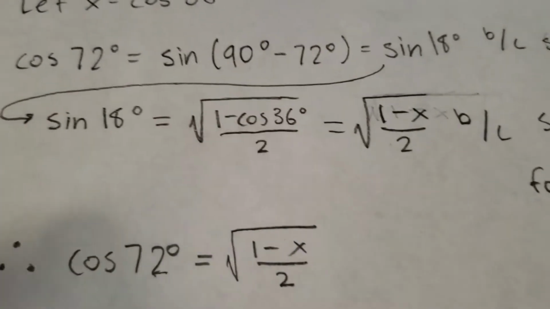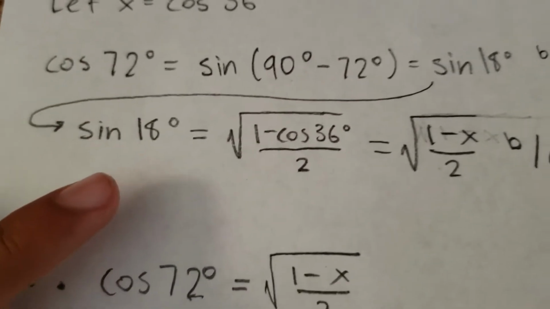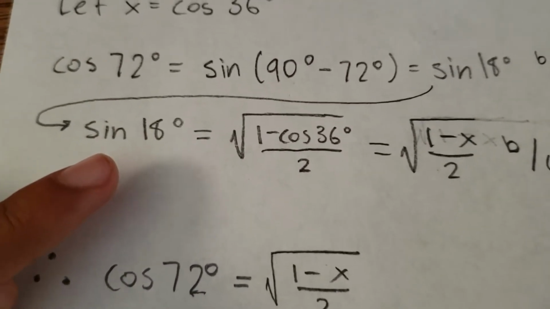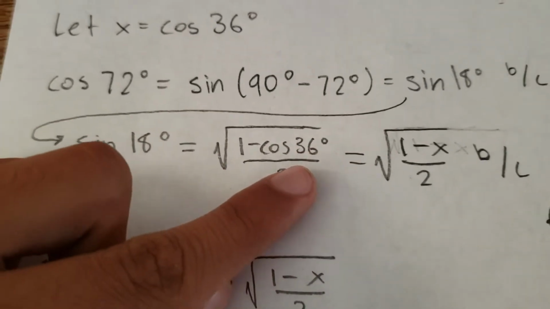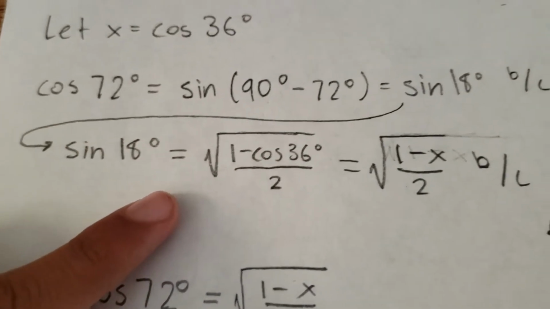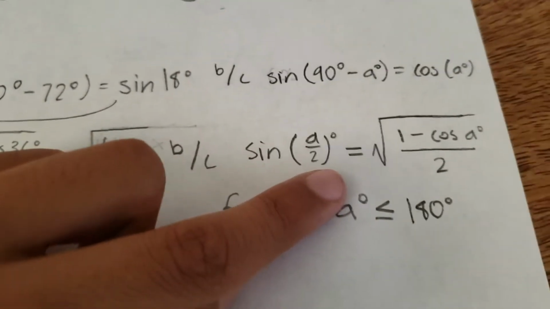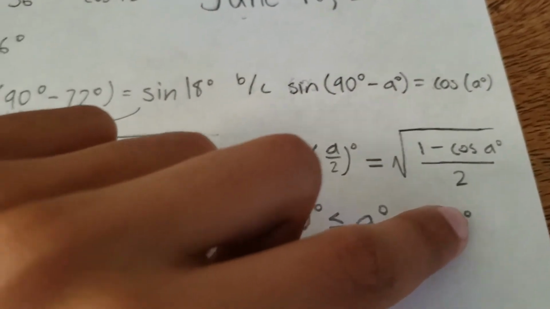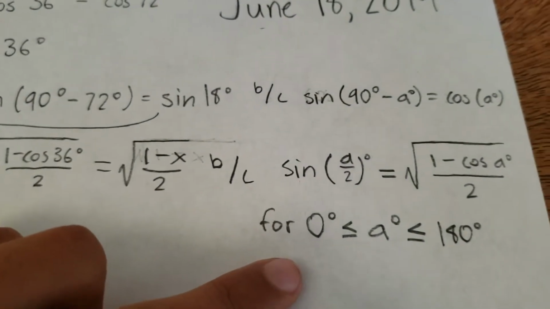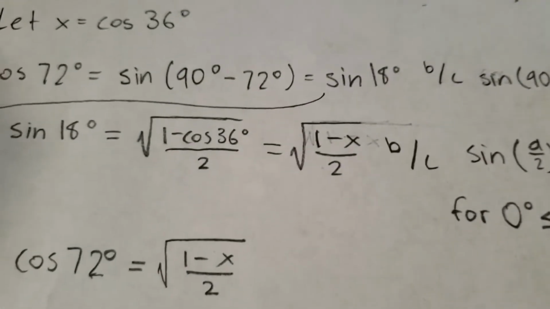So we have sine of 18 degrees is equal to cosine of 72 degrees. Now, we can use the half angle formula to find sine of 18 degrees in terms of cosine of 36 degrees, because sine of a over 2 degrees is equal to the square root of (1 minus cosine of a degrees) all over 2. Again, this is a very common trigonometric identity that's expected knowledge, so these are all fair game.